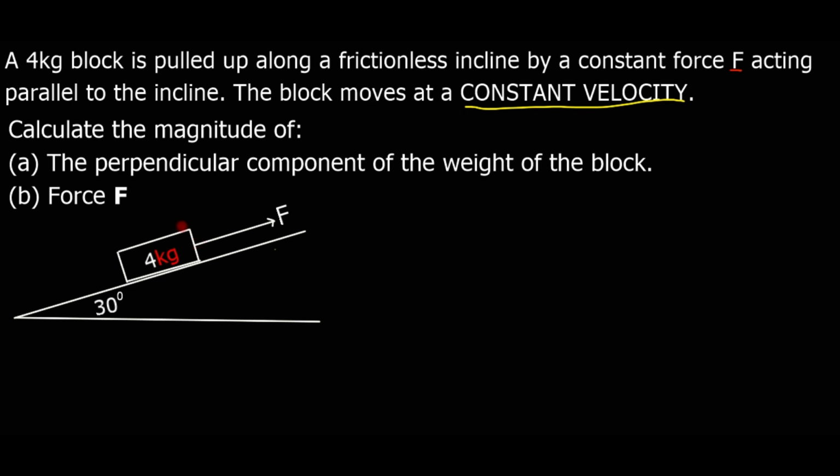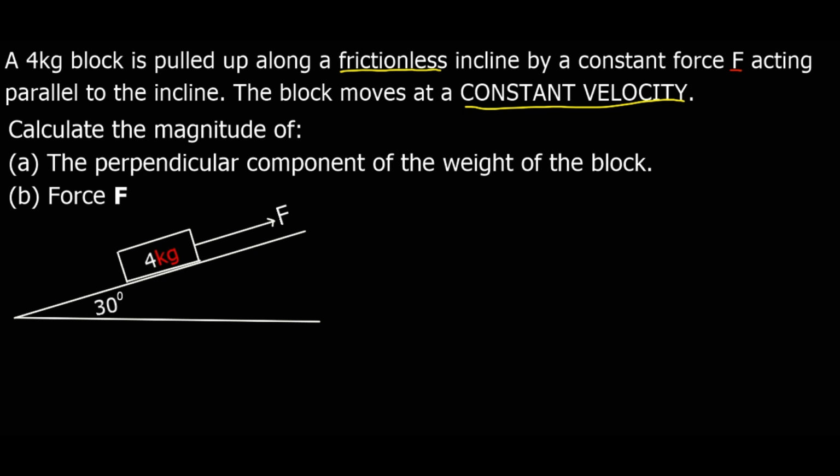This object has an applied force, and it is being pulled up by this force F. But they tell us we don't have friction, because it is being pulled up along a frictionless incline. So we don't have the frictional force. And then this object moves at constant velocity. So this is something very important.